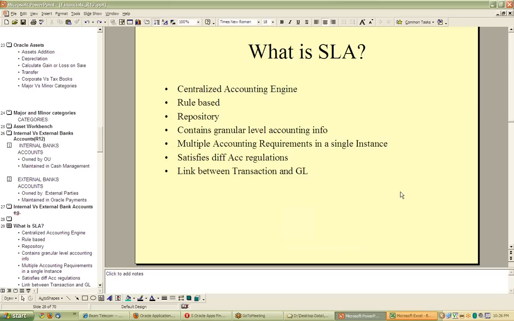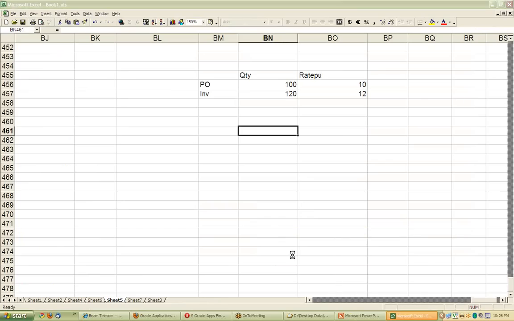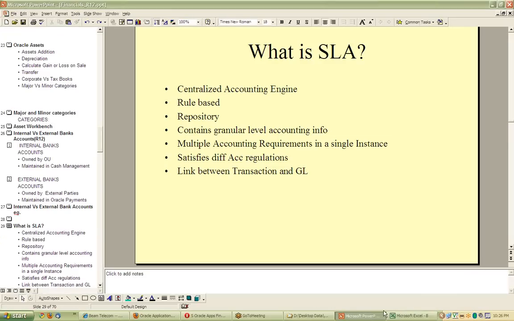Coming to subledger accounting. What is subledger accounting? This is an exclusive R12 initiative. Accounting was governed by the general ledger in prior releases, but in R12 they have introduced a central accounting engine called subledger accounting.